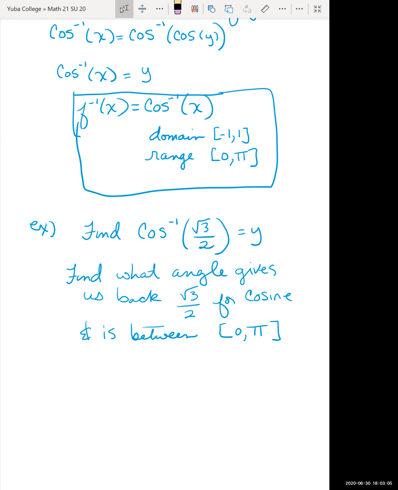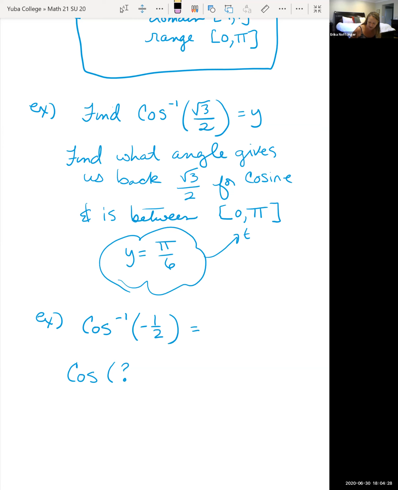What about, I'm just kind of pulling them out of my head, cosine inverse of negative 1/2. So find the exact value of each expression is what this is saying. You're trying to think to yourself, cosine of what value is equal to negative 1/2, where that value has to fall between 0 and pi.